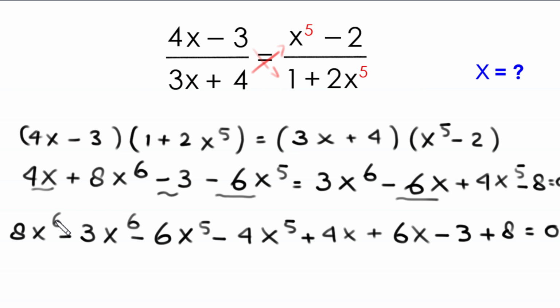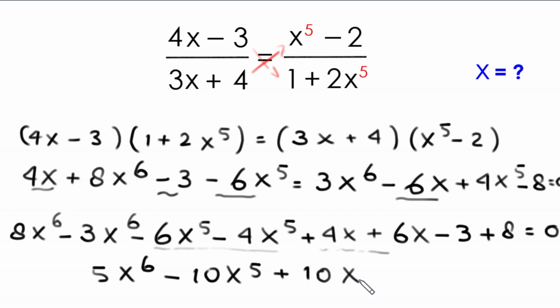8x^6 minus 3x^6 will become 5x^6. Negative 6x^5 minus 4x^5 will become negative 10x^5, and 4x plus 6x is 10x.